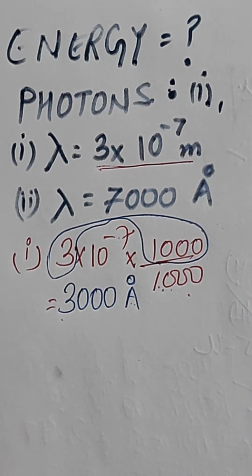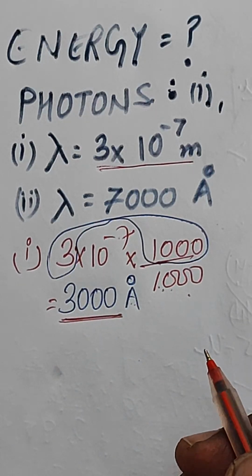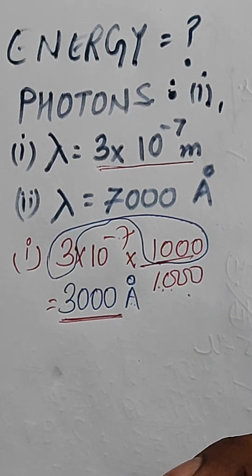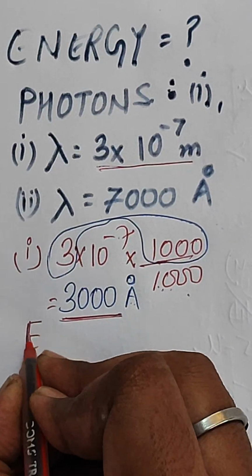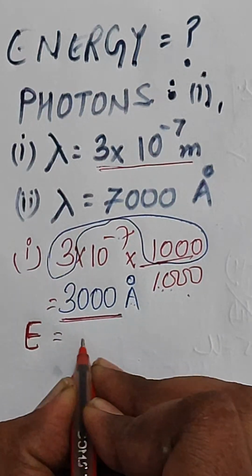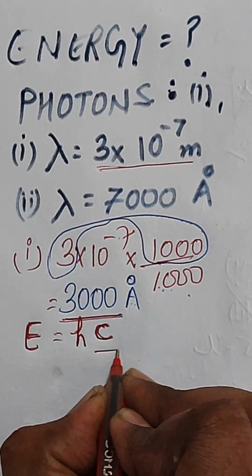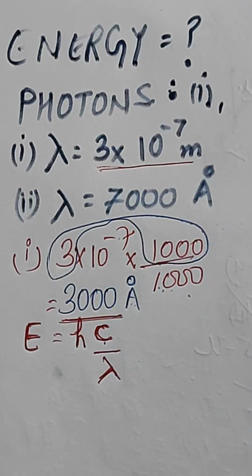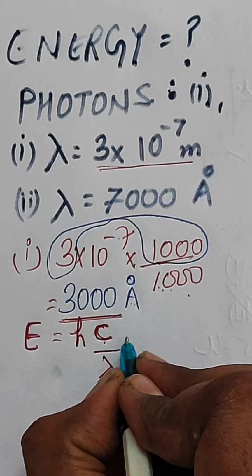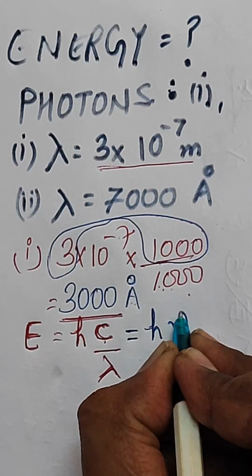Now we know that this electromagnetic wave is near which region? Just identify. Near the ultraviolet region. If you remember the energy equation, E is equal to hc by lambda, where c is the velocity of light, which can also be equated to h mu, where mu is the frequency.